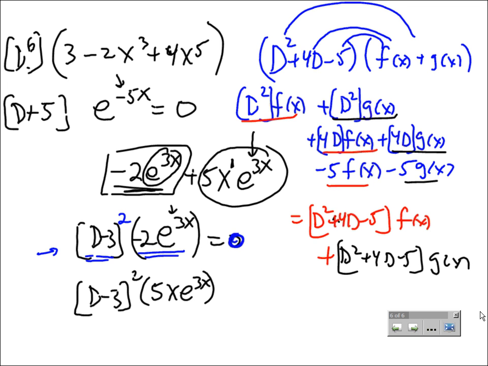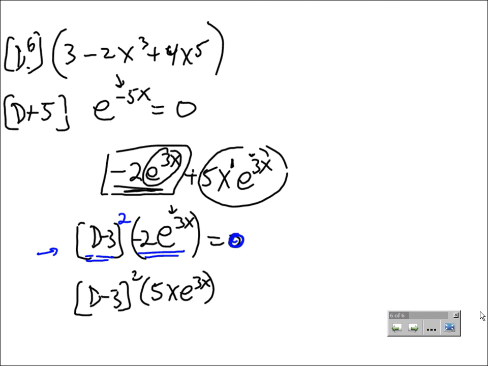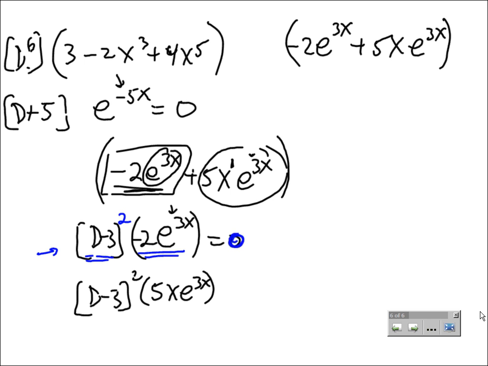Okay. So what I'm getting at after talking about this theory here is that to annihilate this here, let me write it down neatly, all you have to do is do d minus 3 twice.